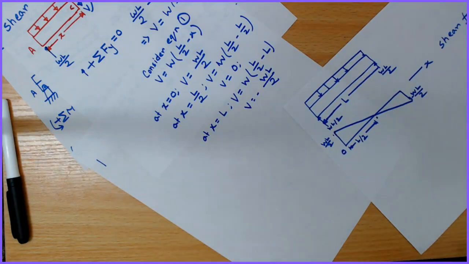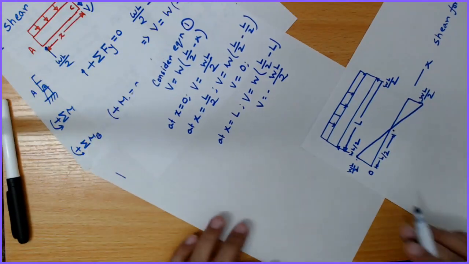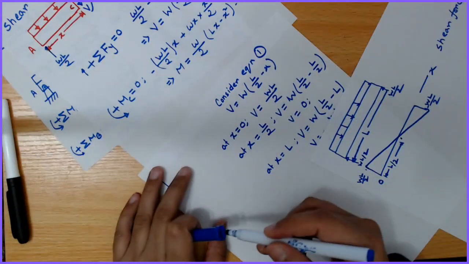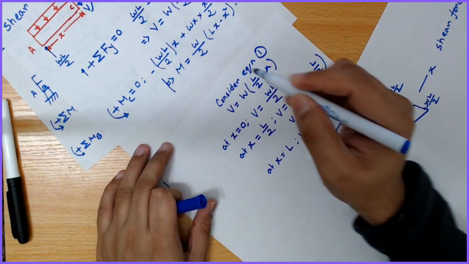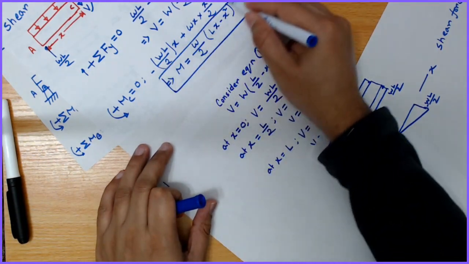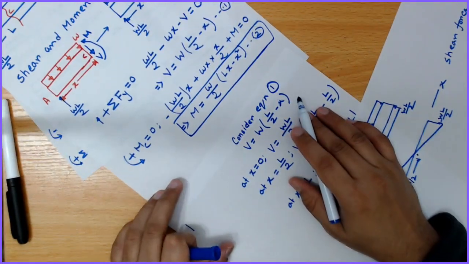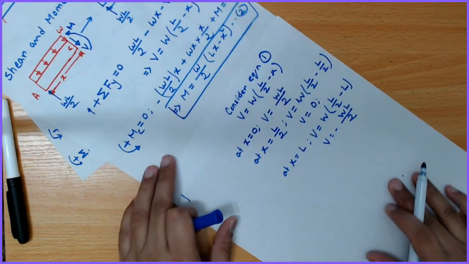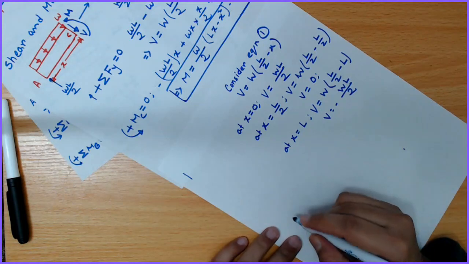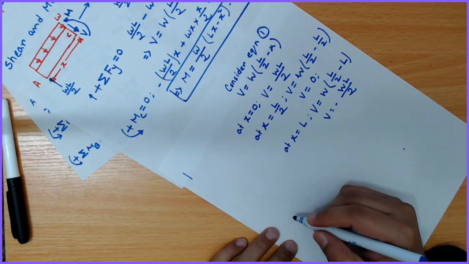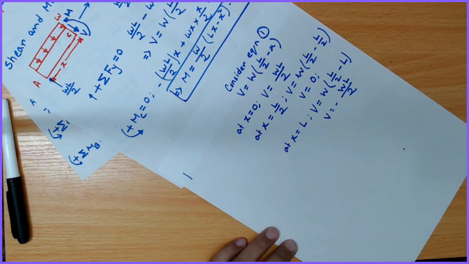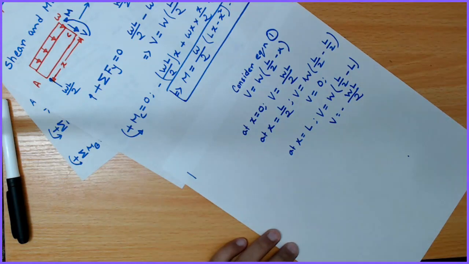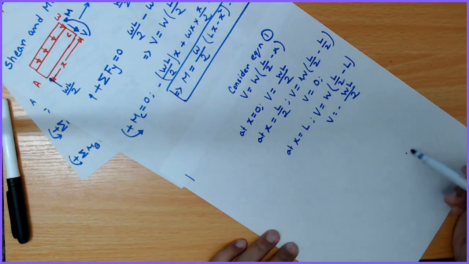Now let's consider this equation number 2. Equation number 2. So M is, as you see, M is not a linear function like V. Okay.